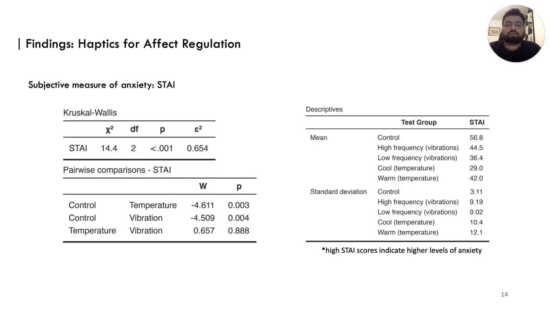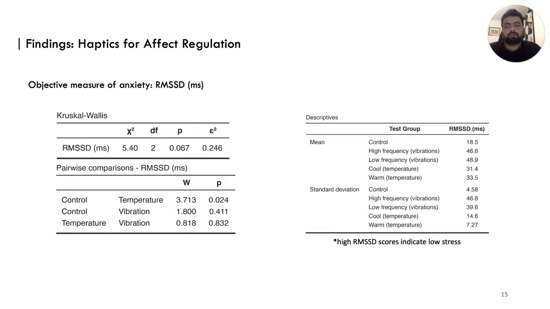In addition to interviews, to further explore the impact of haptics on subjective and objective measures of anxiety and stress, we also employed a between-subject design. For subjective measures of anxiety, we found that participants experienced significantly lower anxiety measured by STAI scores with either thermal or vibrotactile patterns compared to those who received no haptic patterns.